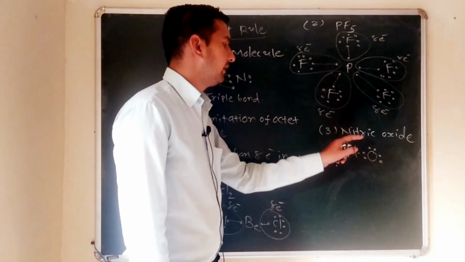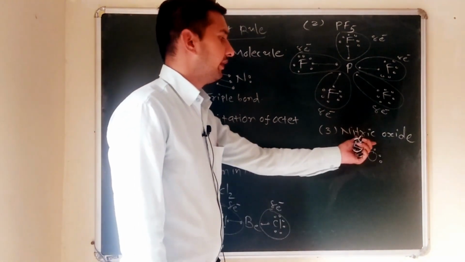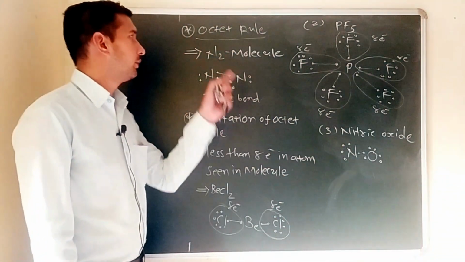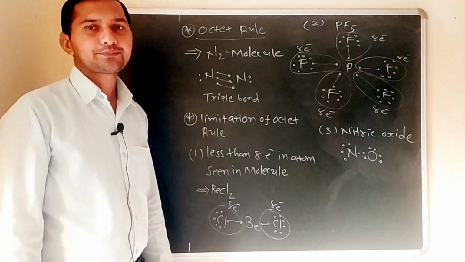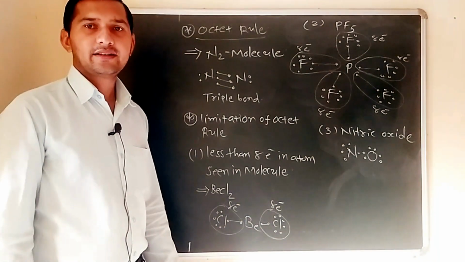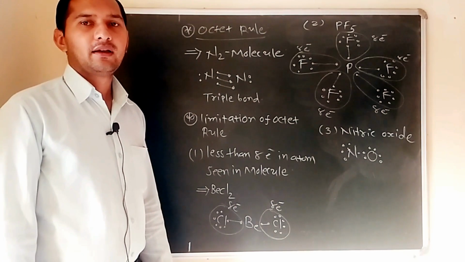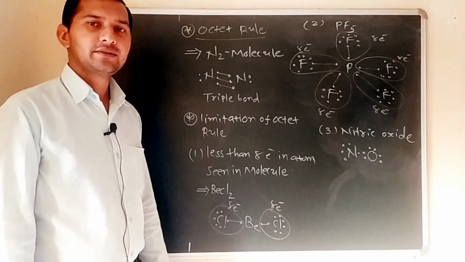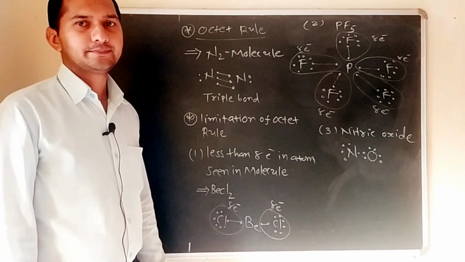So we can say that this is also one type of exception, like nitric oxide. So these are also the third exception of the octet rule. So here we will complete our lecture. In the next lecture we will discuss different types of hybridization, which are based on the octet rule and covalent concepts. Thank you.